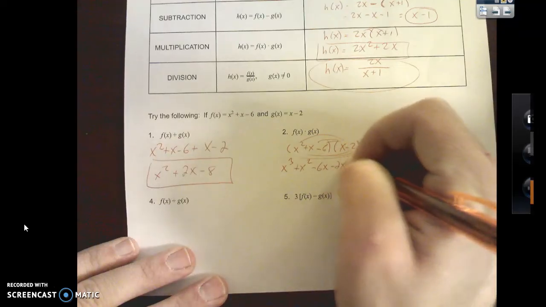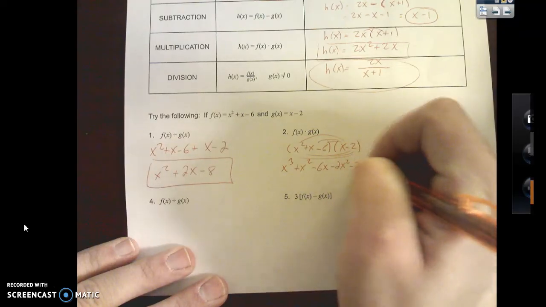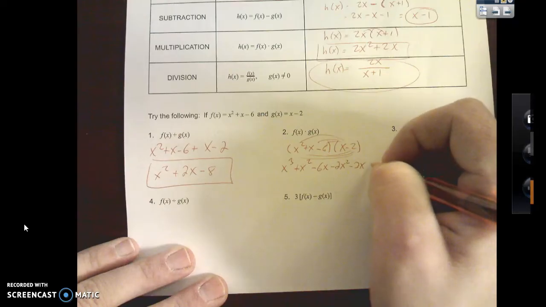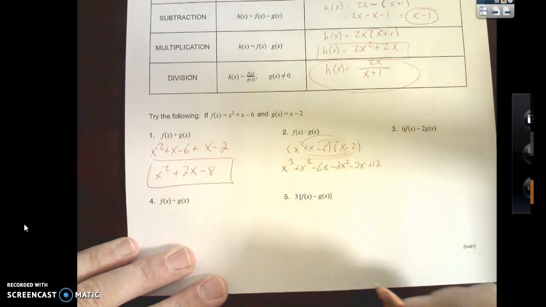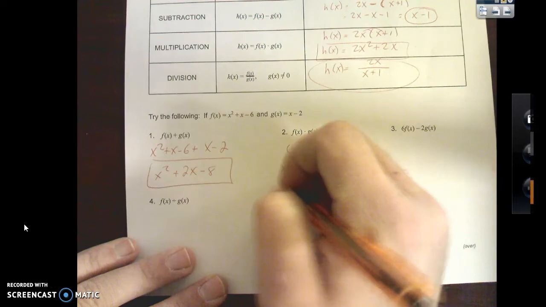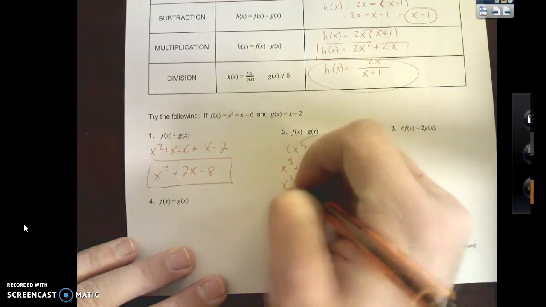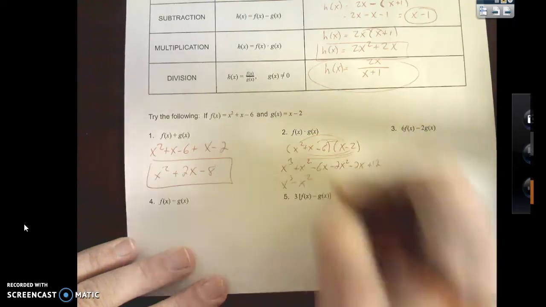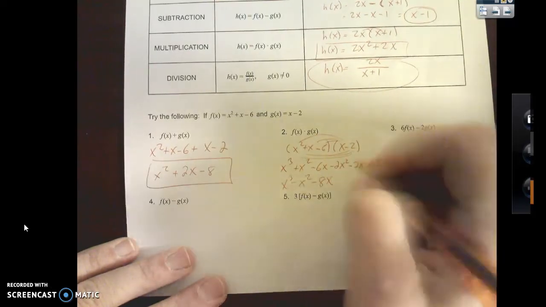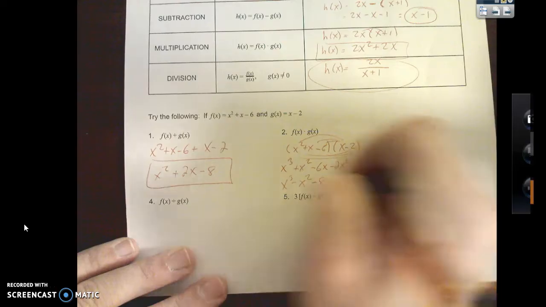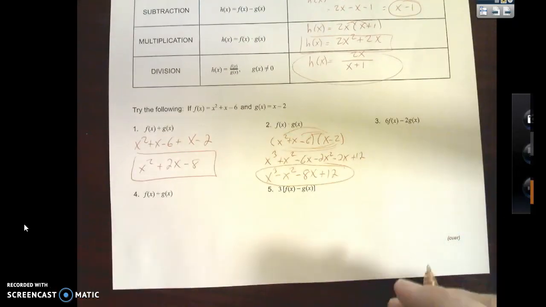Minus 2x squared minus 2x plus 12. Combining like terms, x cubed goes out front because we're doing standard form. x squared minus 2x squared is minus x squared, minus 8x, plus 12. Cool.